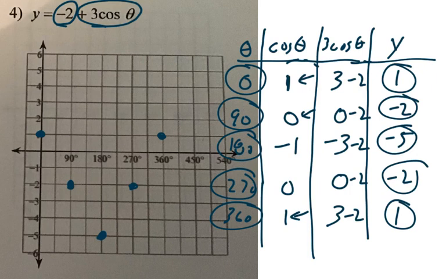And this pattern follows. So the next one after 1 would have been negative 2. If we would have gone to 450, it would have gone back down to negative 2. And then after negative 2 is negative 5. So at 540, we would have been down here at negative 5. Anyways, here's what my graph is going to look like.